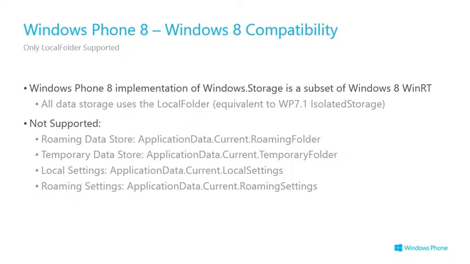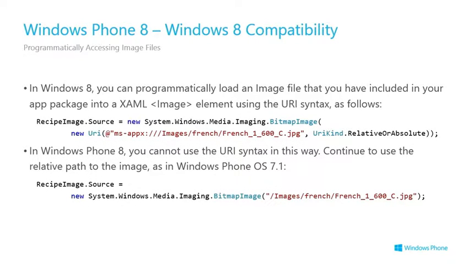Things that you don't get, though: if anyone has taken a class or learned about developing Store apps on Windows 8, the cloud does a lot of nice things for you, like roaming data, where you can pick up where you left off somewhere else, temporary data, and those settings. You do not have those on the phone, so don't try to use them because they're just not going to work. You have to come up with another way of doing it.